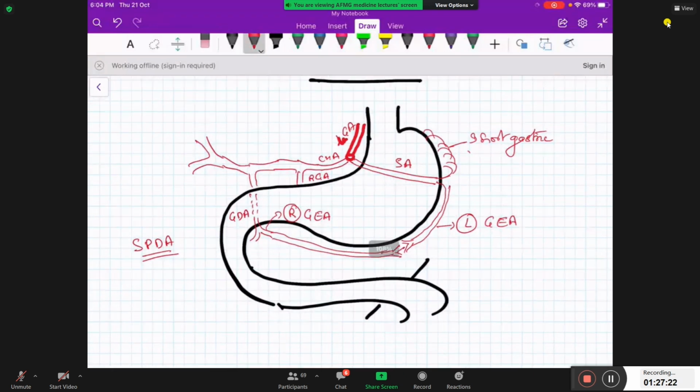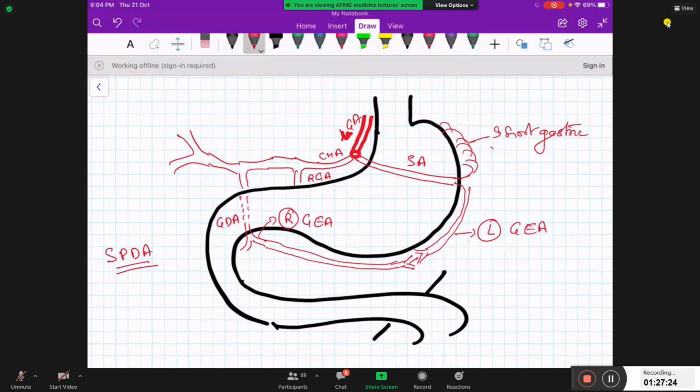Now coming on to, you all know that all the veins in the body run parallel to the arteries. We know that, and you also know by now that all the lymph nodes in the body are sitting on a vessel. These are those vessels which are supplying that organ. We know that? Yes or no? So correct me if I'm wrong. Can I say now that there will be short gastric nodes draining stomach?